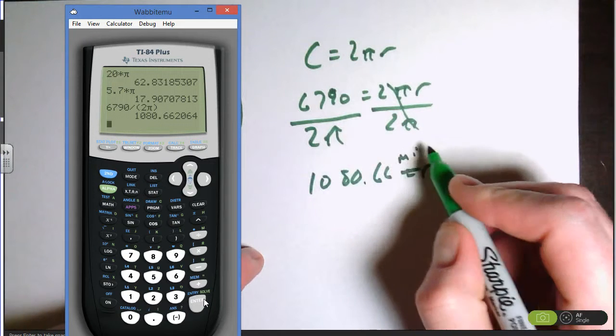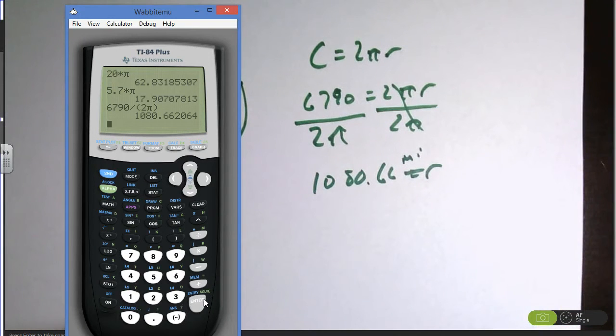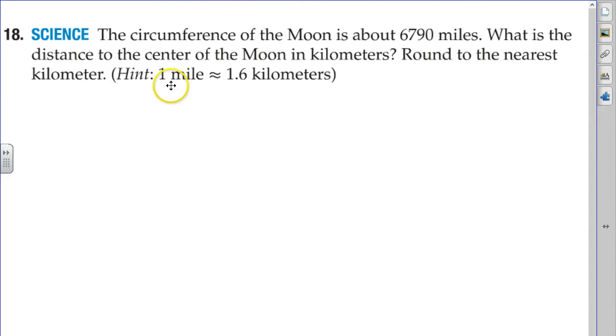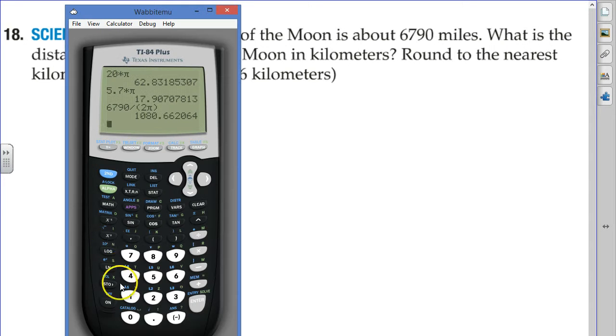The problem is that's miles too. This problem says I don't want it in miles, it says I want it in kilometers. And 1 mile is about 1.6 kilometers, so what I'm going to have to do is divide then 1080.66 by 1.6. So 1080.66 divided by 1.6, which is 675. No, strike that, I did that wrong.